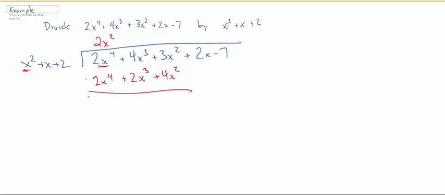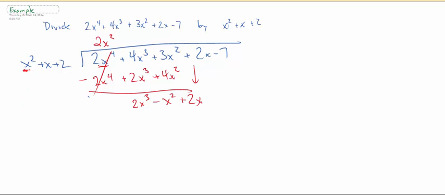And we're going to subtract, and that first term, the x to the 4th, better go away. And then we have 2x cubed minus x squared, and we bring the next term down. Now, if I didn't have an x squared term, we would have to write plus 0x squared. We can't leave any of these terms out.